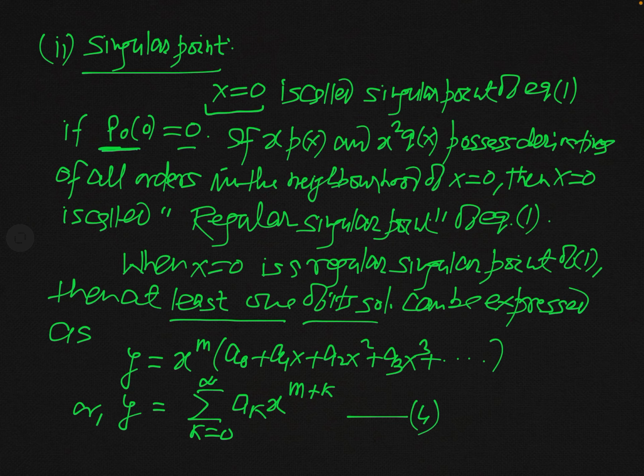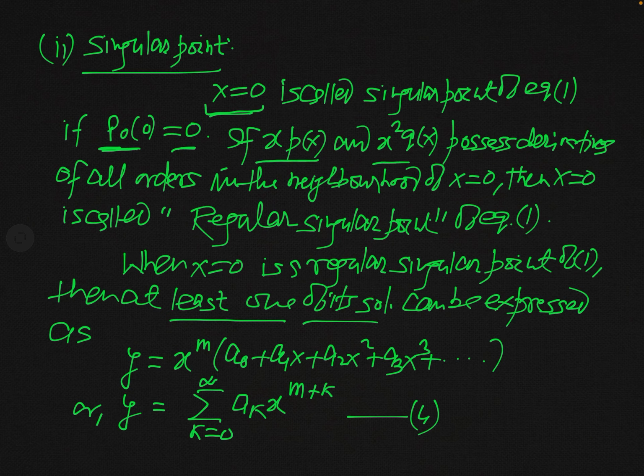So you have seen that x equal to 0 is a singular point, not an ordinary point, of equation 1, and how we can understand that x equal to 0 is a singular point: we find the value of p0 of x when x equal to 0, and if p0 of x at x equal to 0 is equal to 0, then we say that this point x equal to 0 is a singular point.